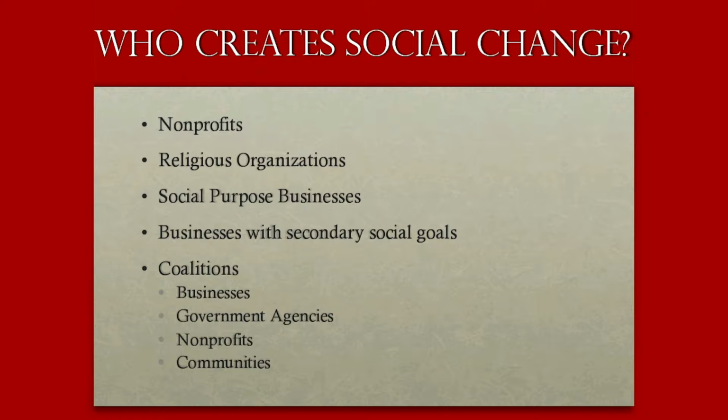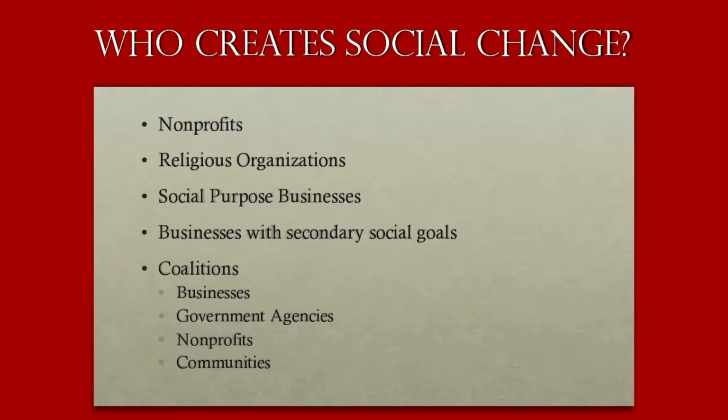But we also see this in coffee companies and in manufacturing of apparel, where there are businesses with a secondary social goal. So they may be competing right alongside your traditional businesses, your traditional for-profits, but in their corporate identity, embedded in their sense of purpose, is a secondary social goal.